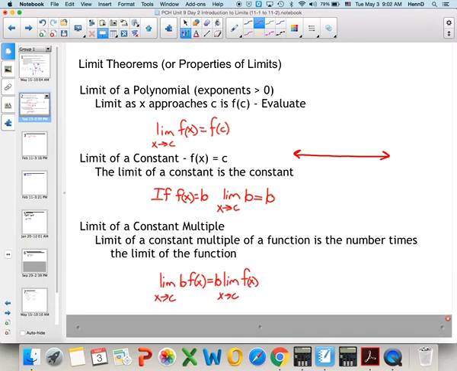In other words, if I have the limit as x approaches c of some number b times my function f of x, and I already know the limit of f of x as x approaches c, then I can find the limit of b times f of x by simply multiplying the limit by b.